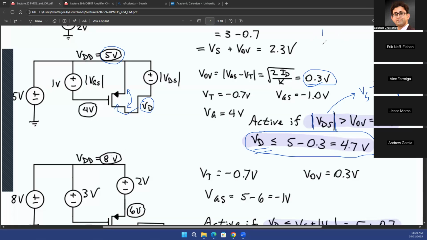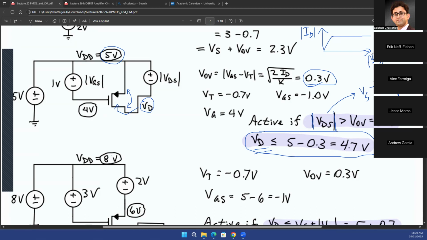Remember the curve of ID versus VDS. Your ID versus VDS looks like this for the NMOS. For the PMOS, it's the same thing. Just take the absolute value. Absolute value of ID, this will be the absolute value of VDS, and the curve will look the same.